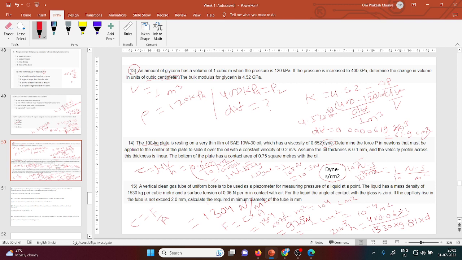That is 0.0079 meter. If you want to put it in mm, that is 8 mm. 8 mm is the correct answer for question number 15.